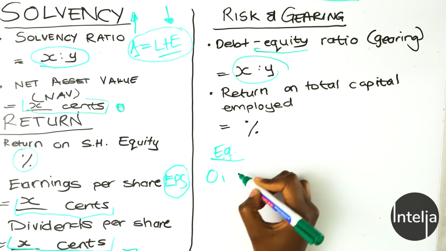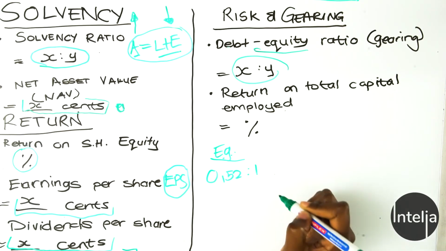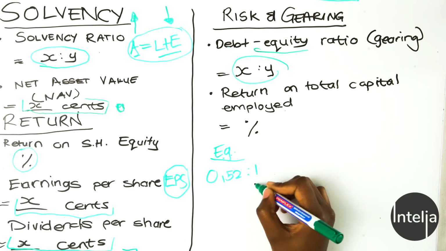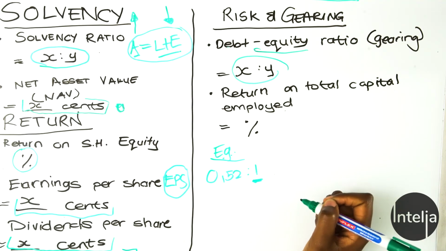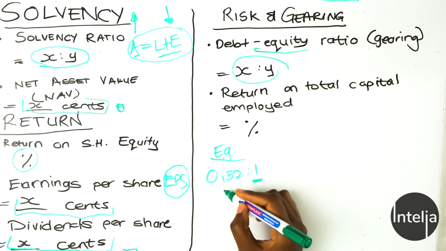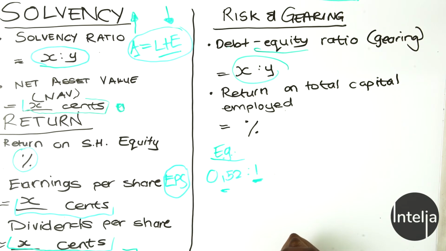A ratio of 0.52 is to 1 indicates that for every 1 rand of capital invested by shareholders, 52 cents is raised through long-term loans, right? It also indicates whether the ability of the business to raise additional capital through long-term loans is favorable or unfavorable. A lower ratio indicates that the business has higher creditworthiness, so it should be able to obtain additional financing easily.